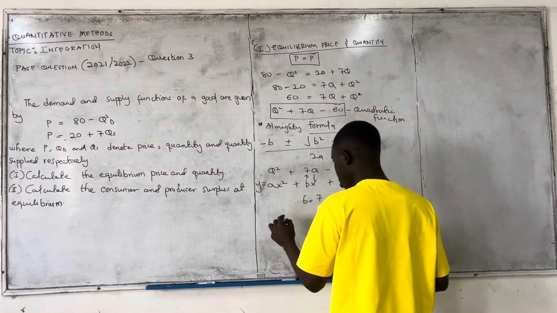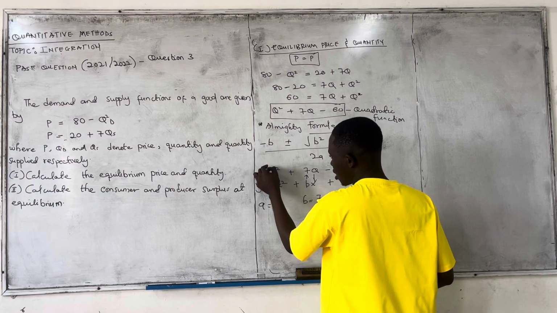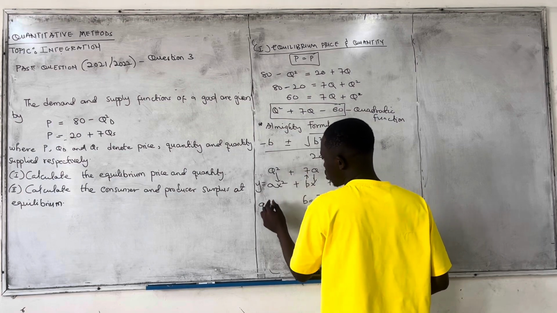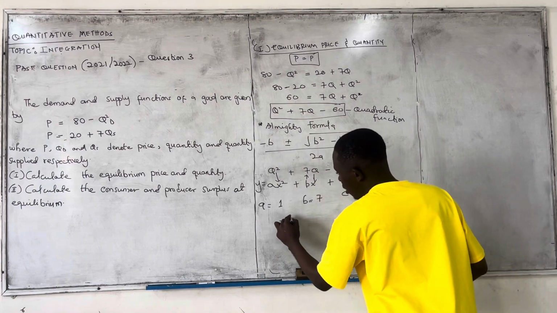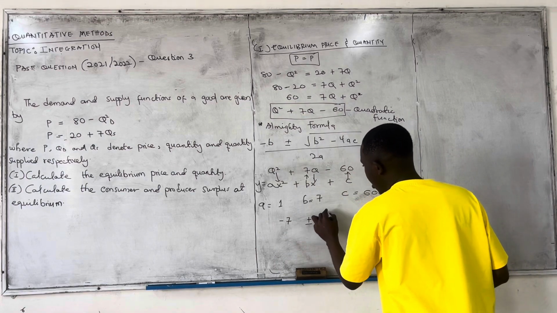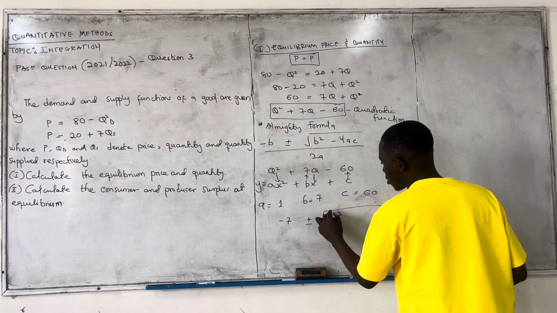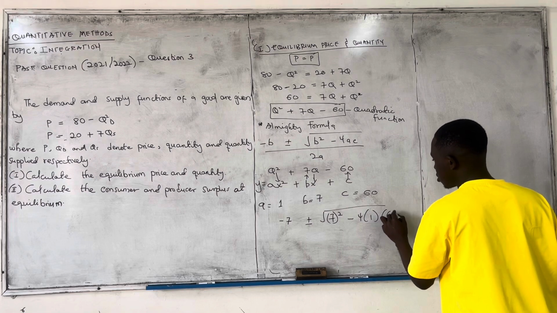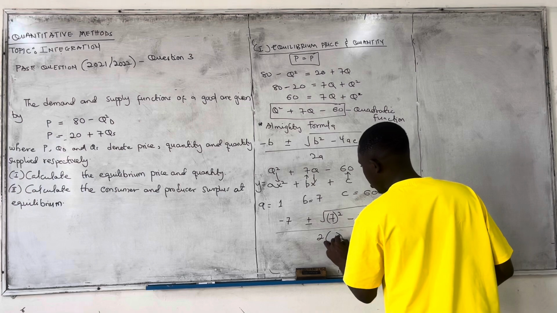Then I have an a, Q squared. There's no number, so meaning any variable has 1 in front of it. So a is 1. So we fix them into the formula. So minus 7 plus or minus the square root of b squared, 7 squared, minus 4, a is 1, c is 60, all divided by 2, a is 1.